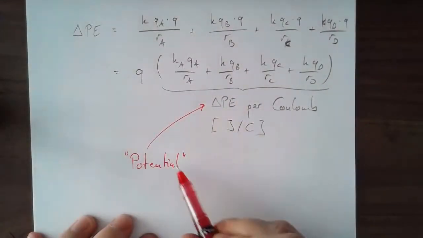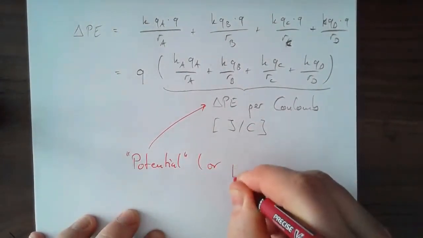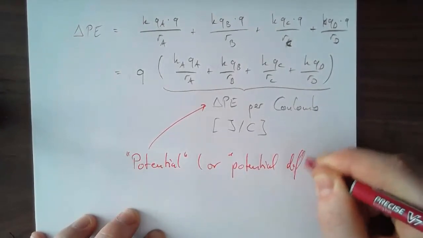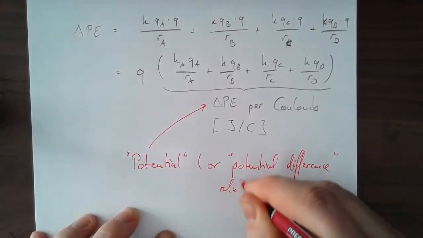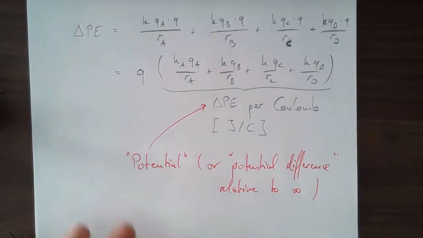So really I should be more careful when I call this the potential or the potential difference relative to infinity, being really far away. And most of the time we're going to care about calculating potential differences between 2 points, a bit like calculating the difference in potential energy between 2 points as an object moves from one point to another point.